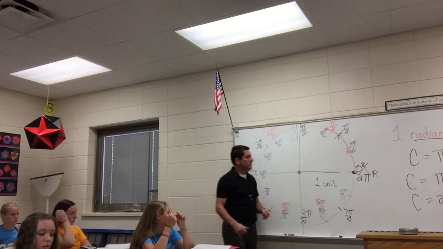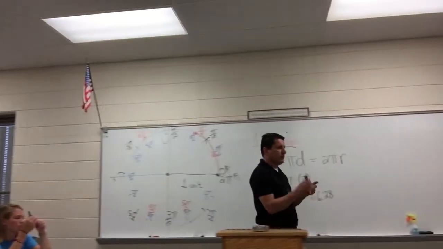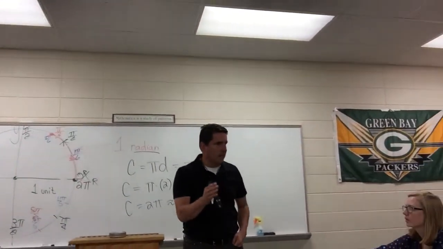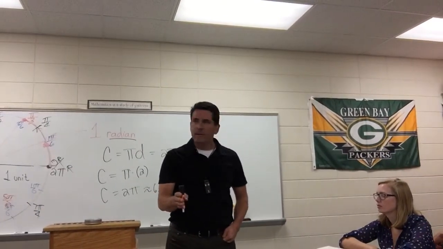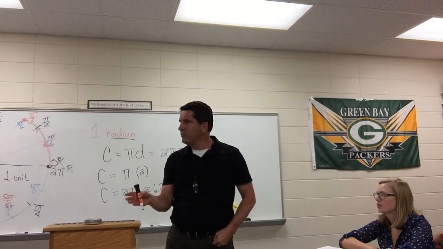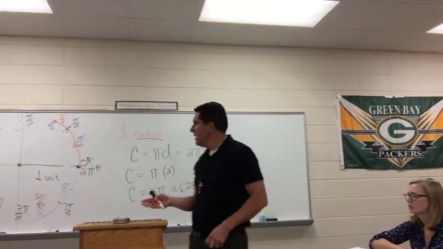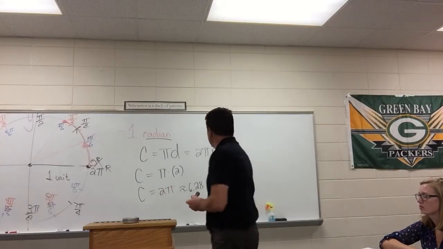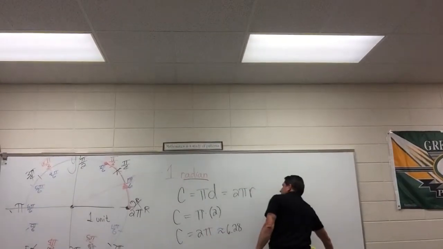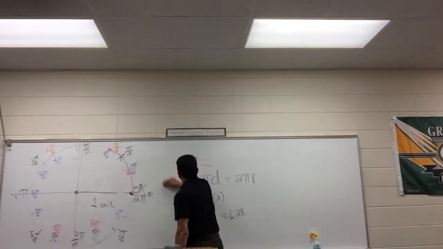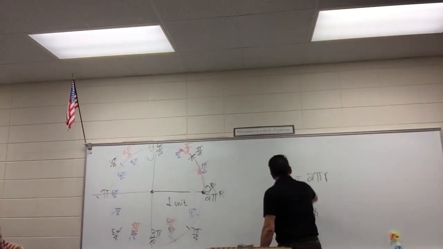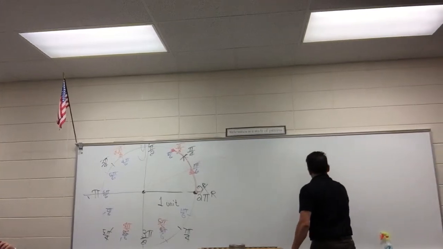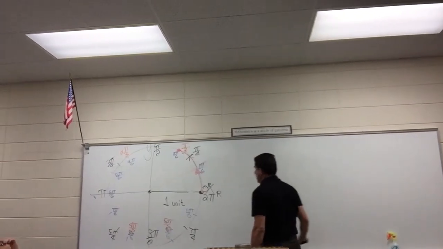Now, each one of these buggers has special coordinates, don't they? They got like the 1/2 and the square roots of 3 over 2 and the square roots of 2 over 2. I wonder where those things come from. Where does that all come from? You know what I mean?